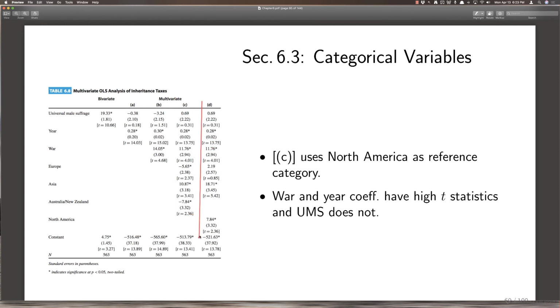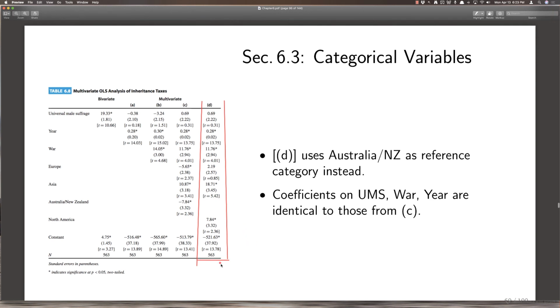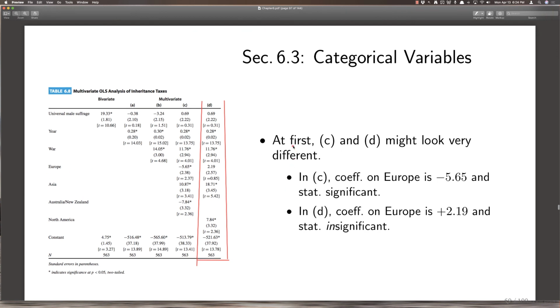This is just a different version of that same model where we've now omitted Australia and New Zealand. So all of the information is the same. You can notice that what doesn't change is the coefficient on the variables that are not one of those regions. Those coefficients and their statistical significance don't change according to which one you drop in the region control variables.